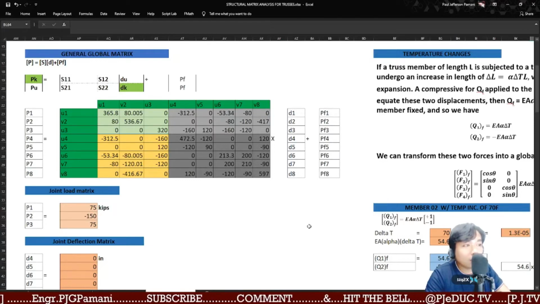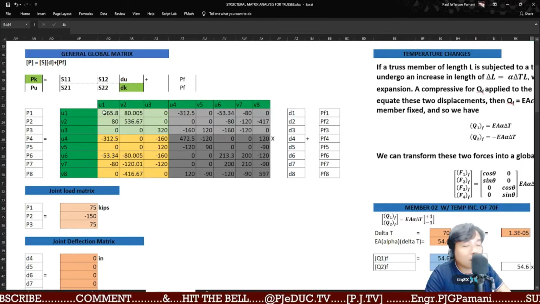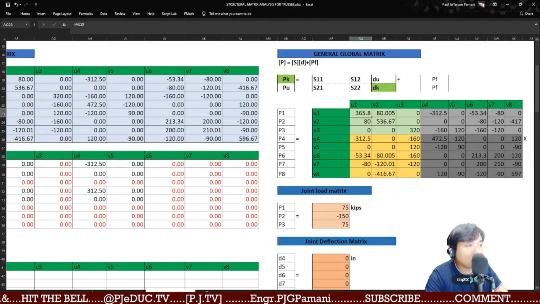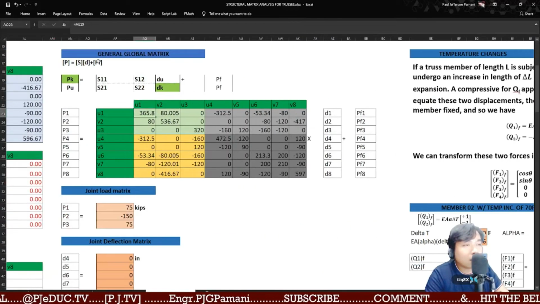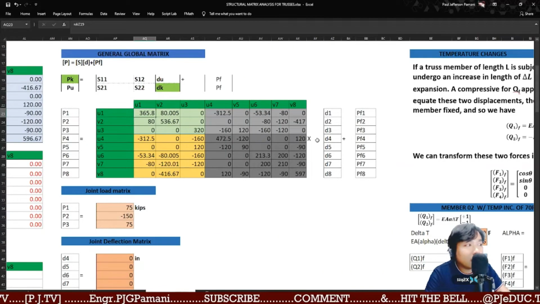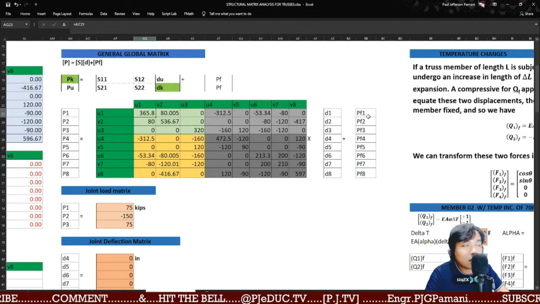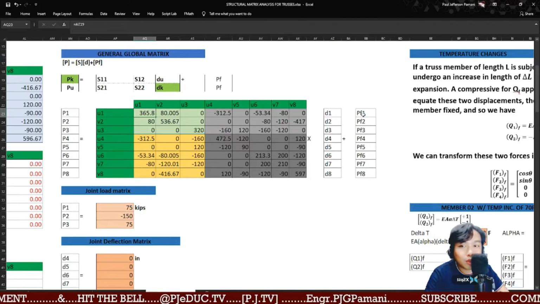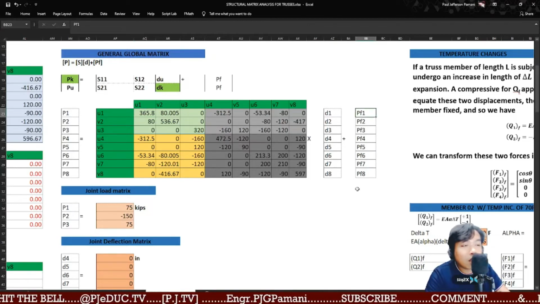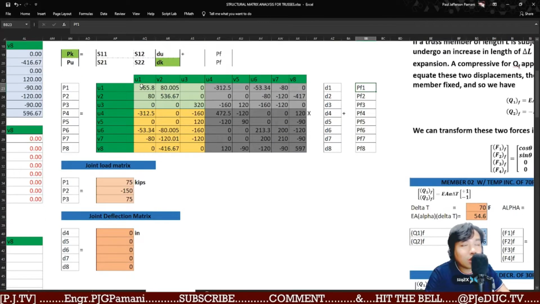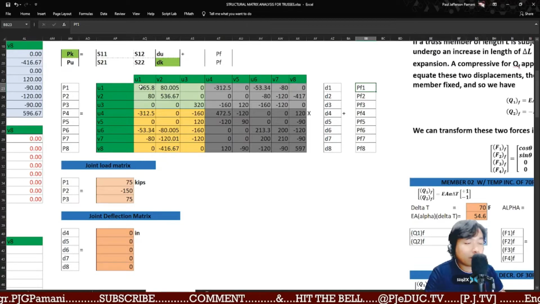Then, yan na yon. Ito yung ating summation like before. Tama? Yan yung summation ng ating member 1 to 5. Then multiply to the deflection and add the effect of change in temperature, which is your PF1 to PF8. Then joint load matrix, ay sabi nga, including the applied loads.